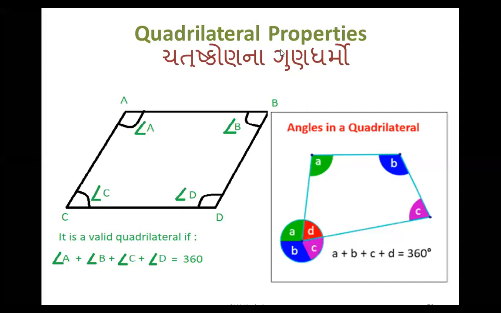And 360 degrees is one rotation of the circle. Both things depend on the geometry. So remember the angle sum property for the quadrilateral: the sum of all angles gives you 360 degrees.